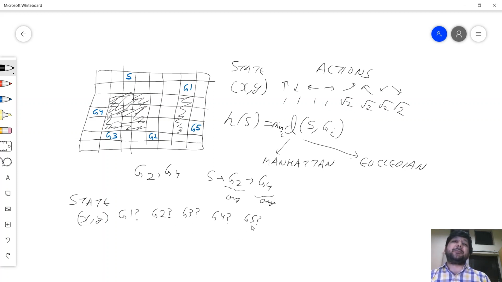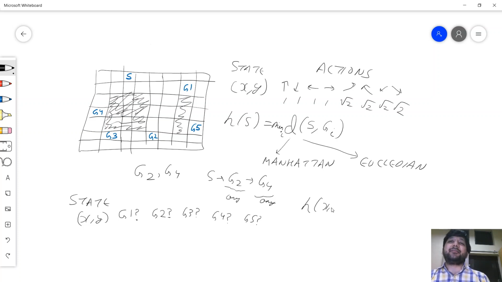It's also this bitmap which tells me which goals I have achieved in the past. My goal condition is that 2 of these need to be positive. So that's my goal criterion. Like here, the goal criterion was that I should be standing on a grid cell which is classified as a goal. Here, 2 of these need to be positive, and the moment I land on a goal in that particular state, I make that one positive.